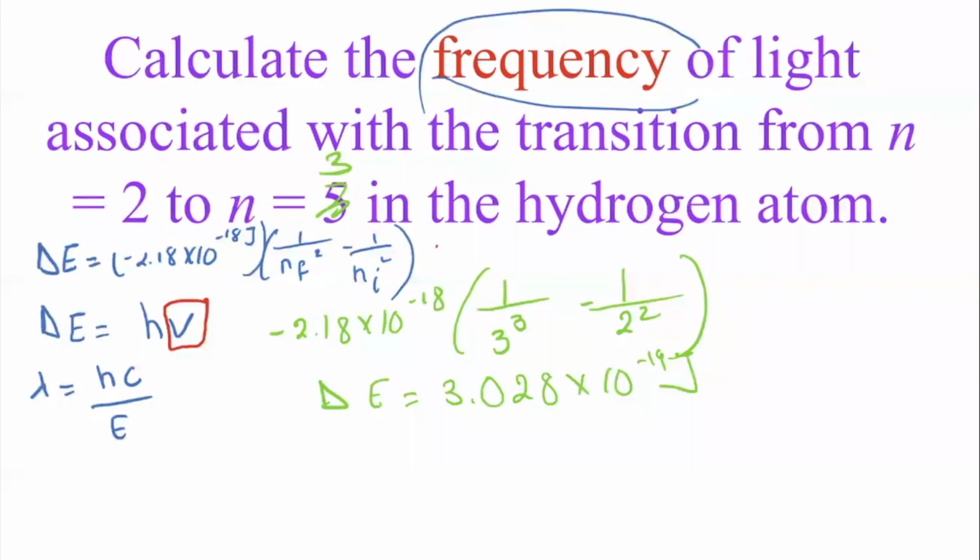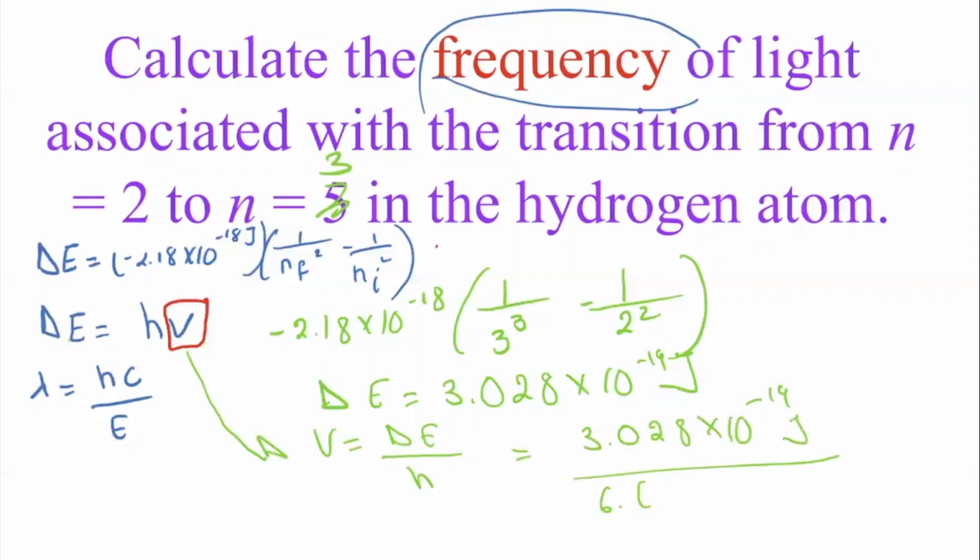Now I have E. So now all I do is take this equation and manipulate it so that nu equals delta E divided by h. So it's going to be 3.02 times 10 to the negative 19 joules divided by 6.626 times 10 to the negative 34.